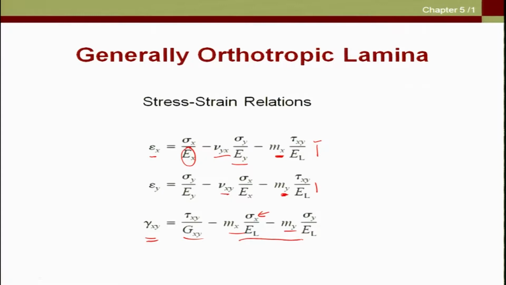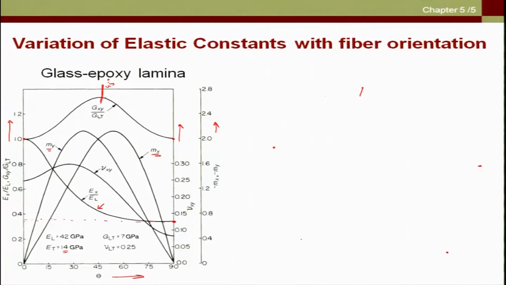So, this is there, and the last thing is that we will make some comments on Poisson ratio. So, Poisson ratio again starts in glass epoxy lamina from some value. The axis for Poisson ratio is here. It starts from about 0.25.